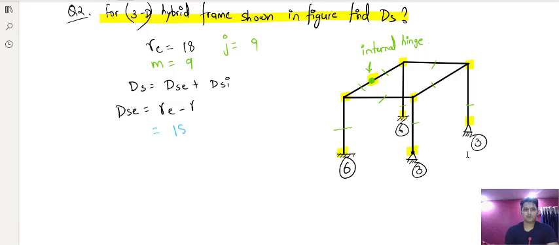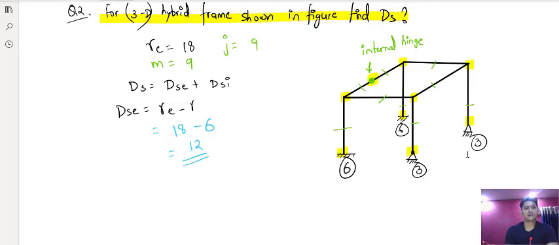Here the value of RE is 18, and the number of equilibrium equations in case of 3D structures is 6. So the value of DSE becomes 18 minus 6, that is 12. So now we have the value of DSE externally.